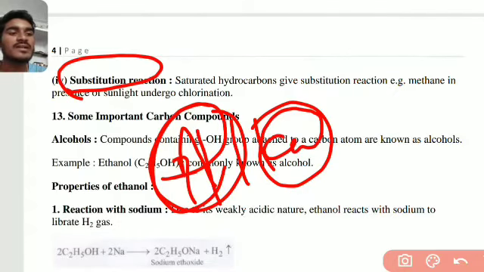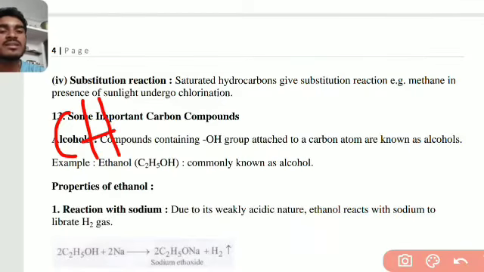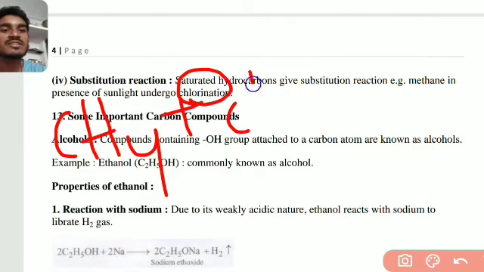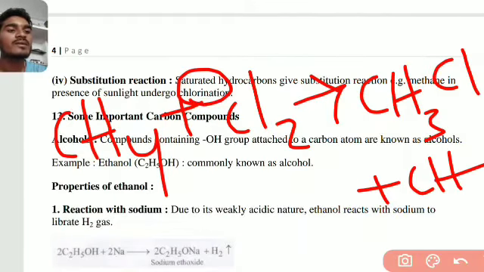Example methane. I would like to draw the methane structure here, not just the methane formula. When we treat it with chlorine, it undergoes chlorination, and in the presence of chlorine it will produce methyl chloride, CH3Cl, plus HCl.